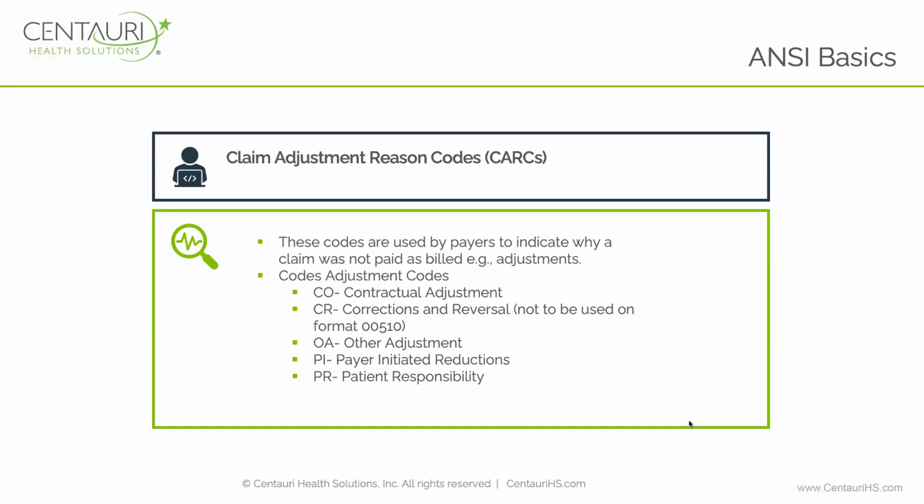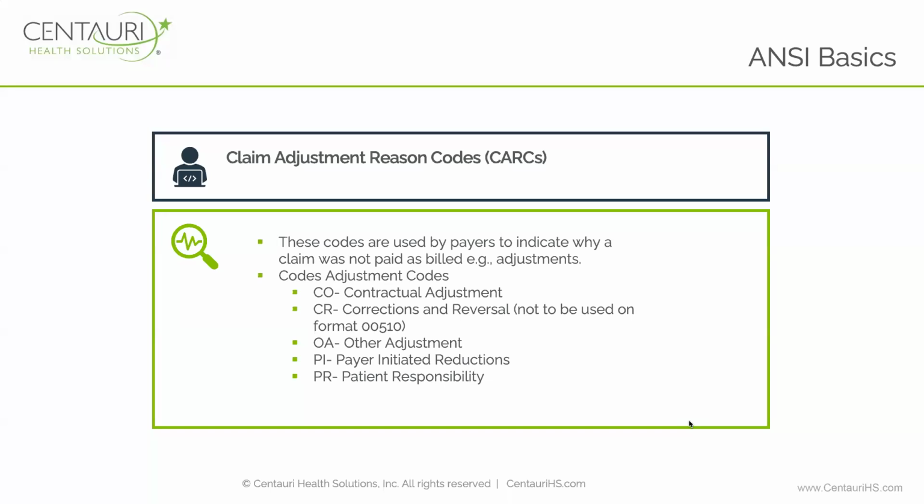You start out with these two-digit alpha codes on the claim adjustment reason code that tell you essentially how this all started out. So you have contractual obligation, you have corrections and reversals, and I think I have a typo there because that's supposed to be 5010.